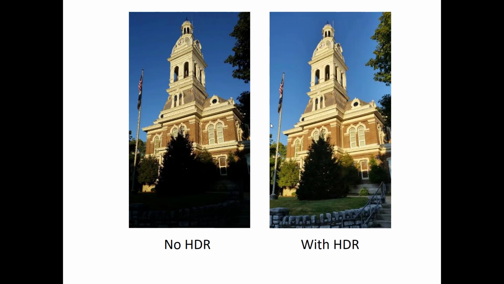Actually, I came back a little further because I wanted to get the limestone stairs in this image to the right. But you can now tell that you've got that stairway and that walk, the steps coming up to the courthouse, more details in the lawn in front of the courthouse, and more details in the leaves on the trees to the right. So, in my opinion, a much more balanced, more pleasing photograph.